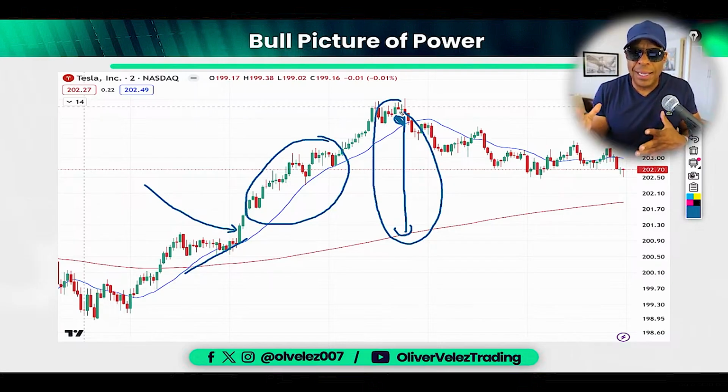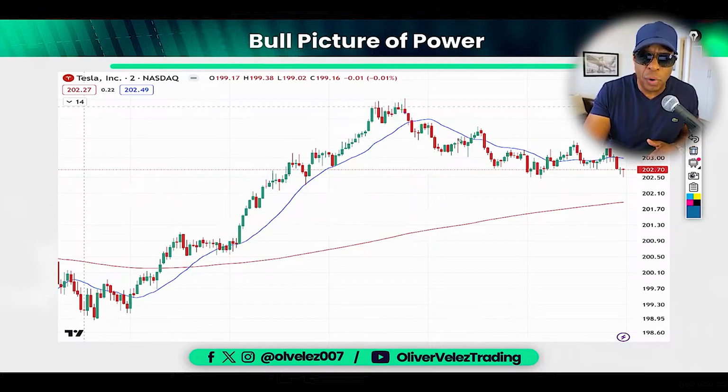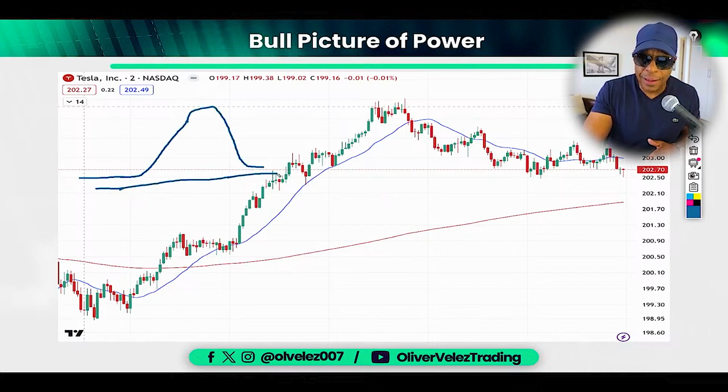But when the 20 gets too far away from its parent, the parent is going to pull the kid back to him. All right. So markets will tend to do this. You'll go from them being close to being far to being back to close again. You want to stop the game here. You want to play the game here.